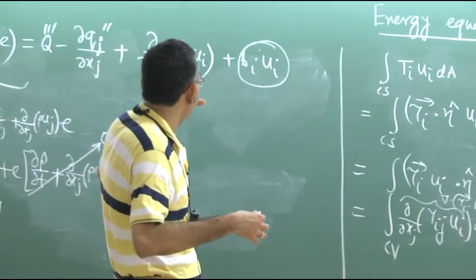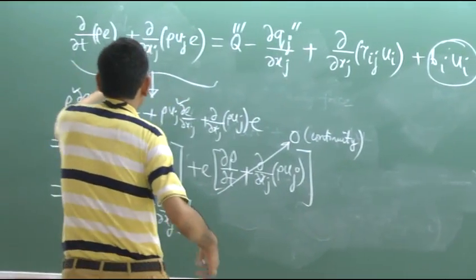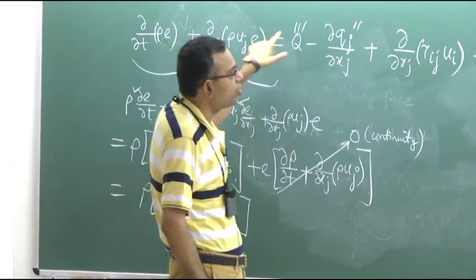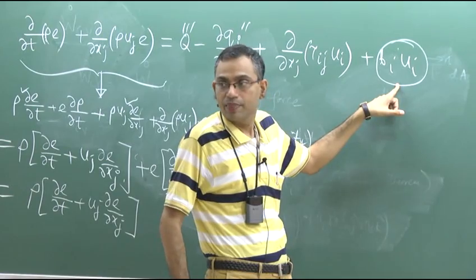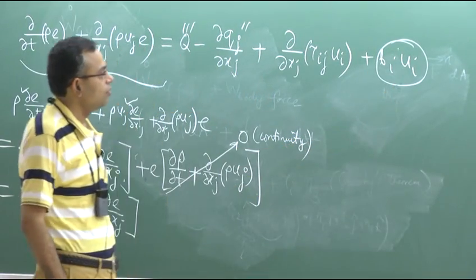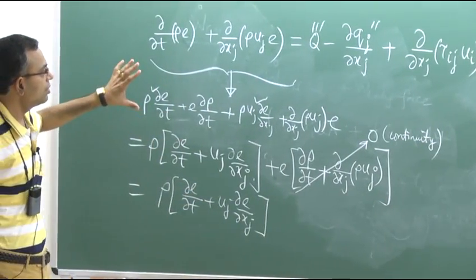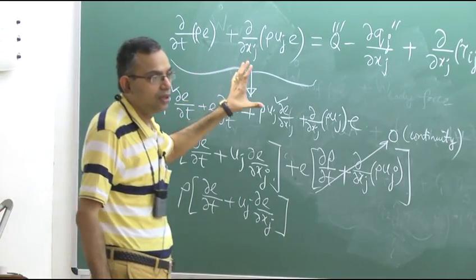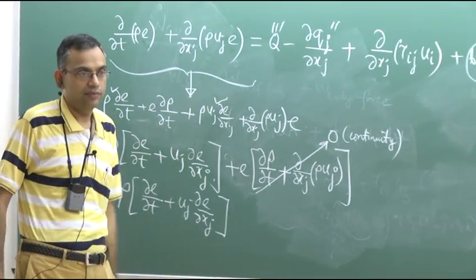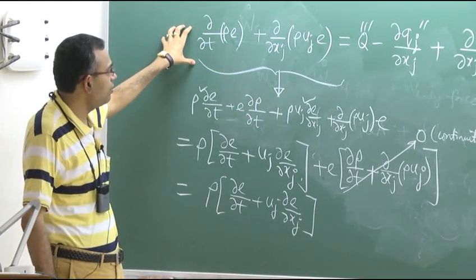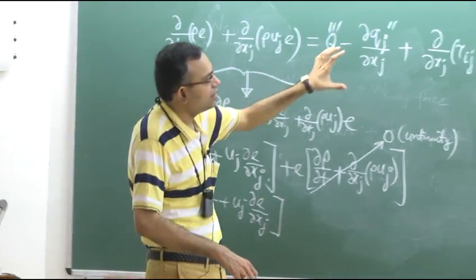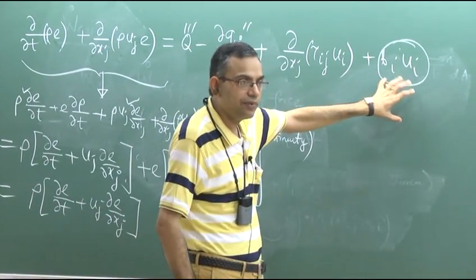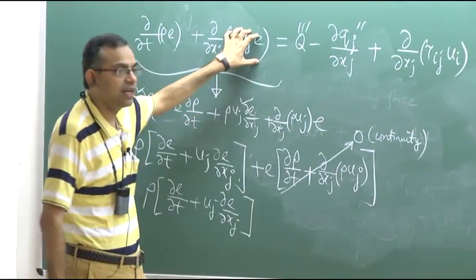Okay. Now, if the potential energy is not included in the energy, that means work done by body force is already included, then which equation will give you the mechanical energy? So this equation has given you the total energy, where you have somewhere the potential energy effect and internal energy and kinetic energy.